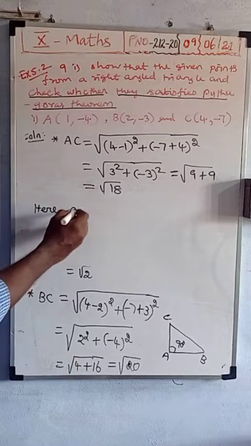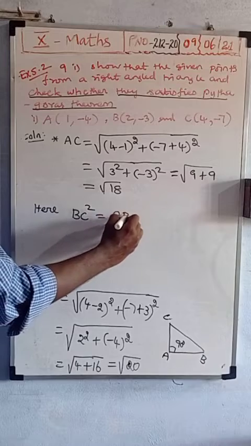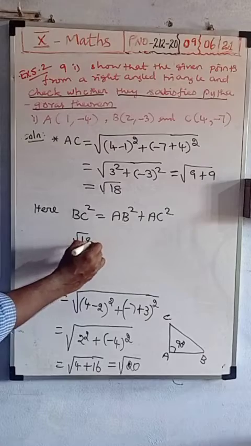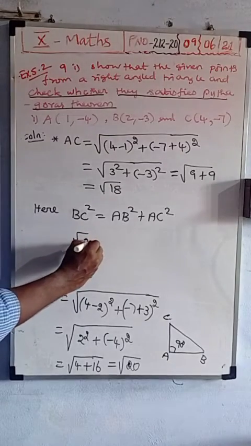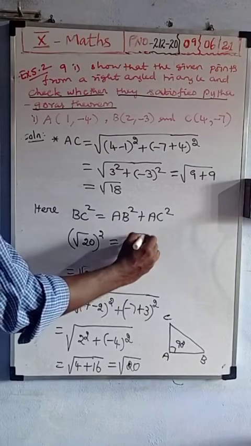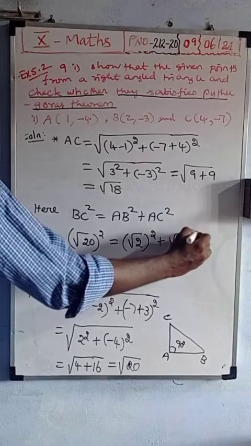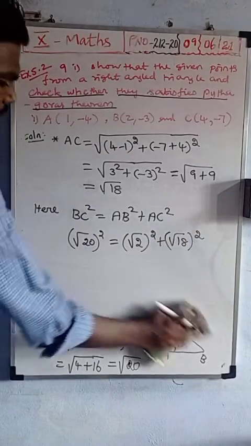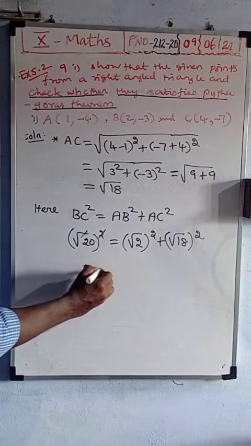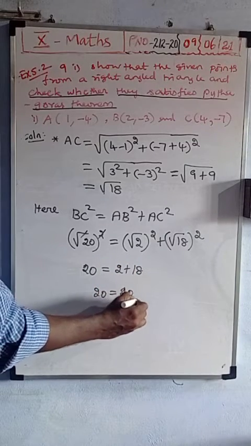Here BC squared is equal to AB squared plus AC squared. BC is root 20, so root 20 to the whole square is equal to AB value root 2, root 2 to the whole square, plus AC value root 18, root 18 to the whole square. Now see, the square root cancels, 20 is equal to 2 plus 18, 20. So 20 is equal to 20.